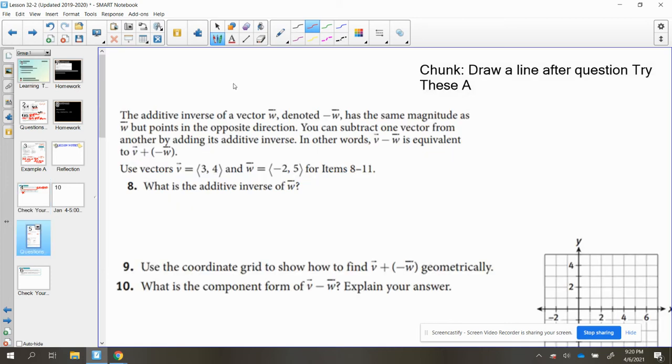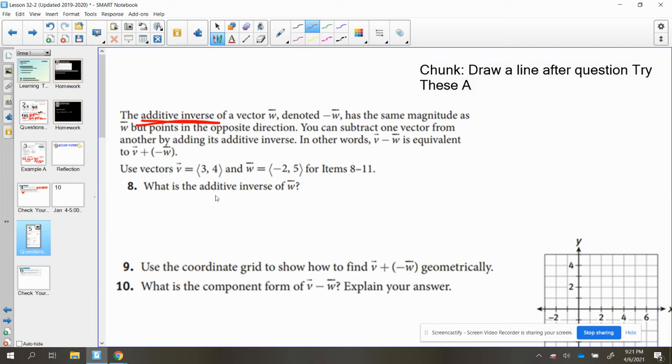Now, the next piece at the bottom of page 447 is talking about the additive inverse. Basically, think of the negative, or what we could add to the original to make it even out.